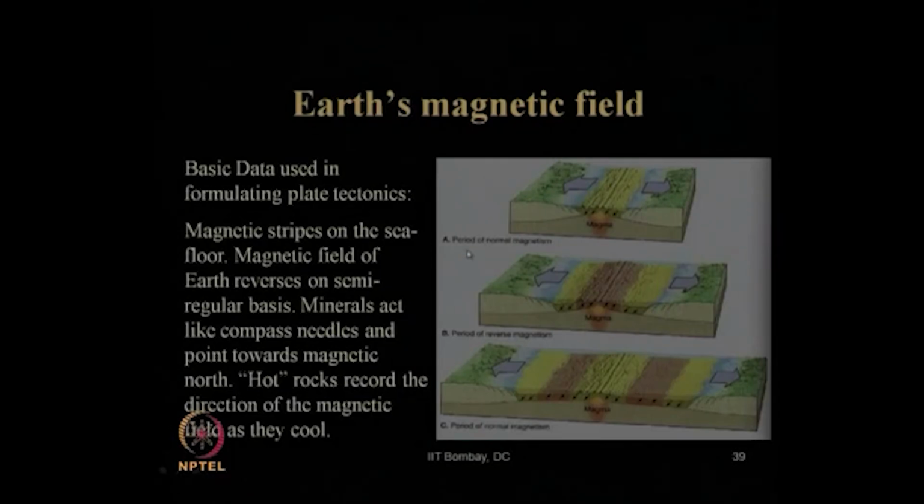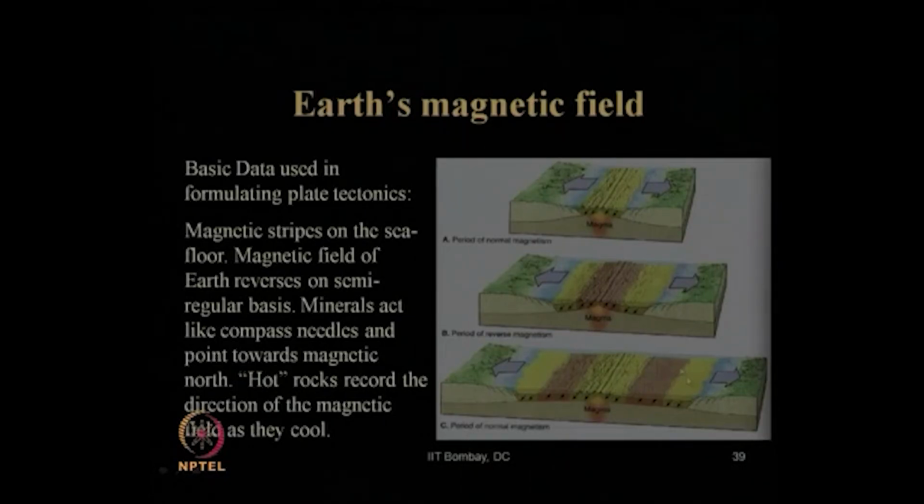So, if you see over here, the period of normal magnetism, that is when the magma, the lava, comes out from the Earth's interior during the cooling process, it moves apart in this direction, that creates a normal magnetic field, and accordingly minerals get oriented to the magnetic north. And in the period of reverse magnetism, the next case, this magma goes into the next phase, it comes out in another direction, another reverse formation, and the period again becomes normal magnetism like this.